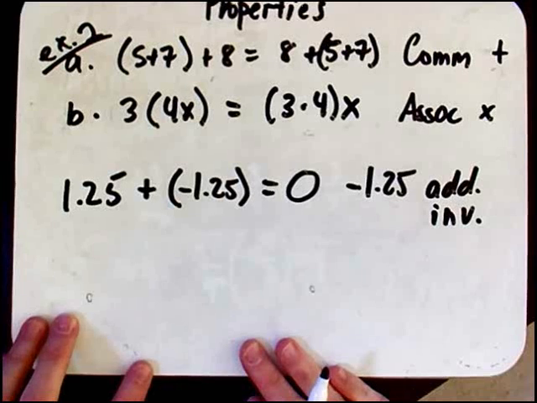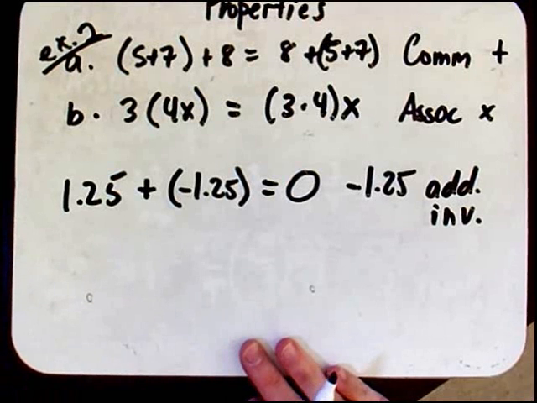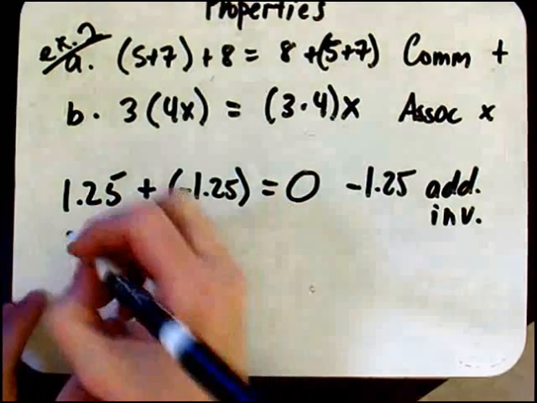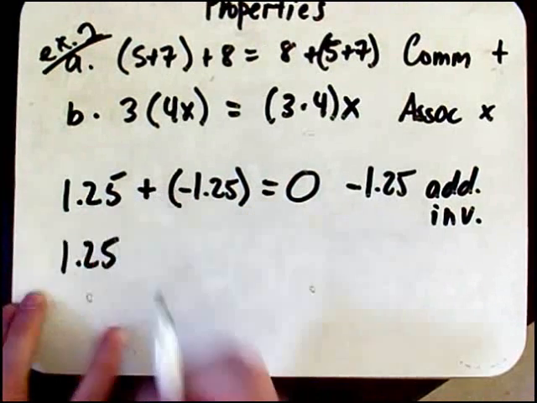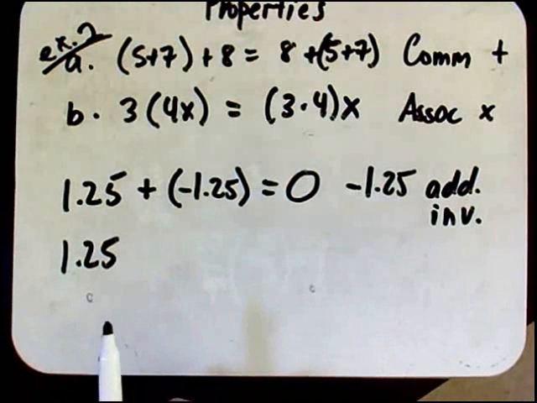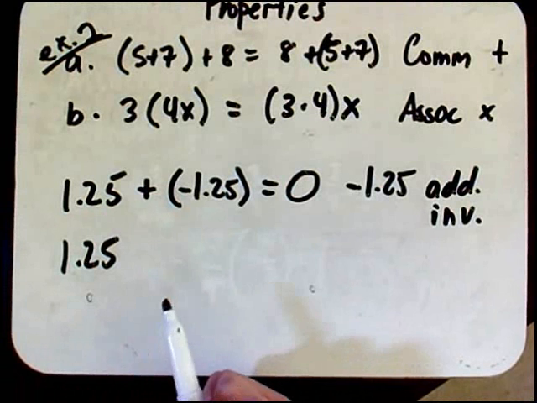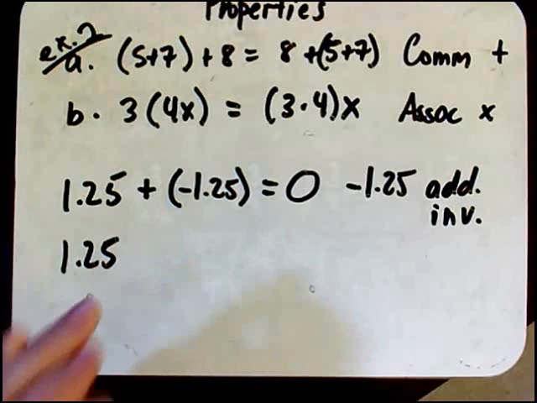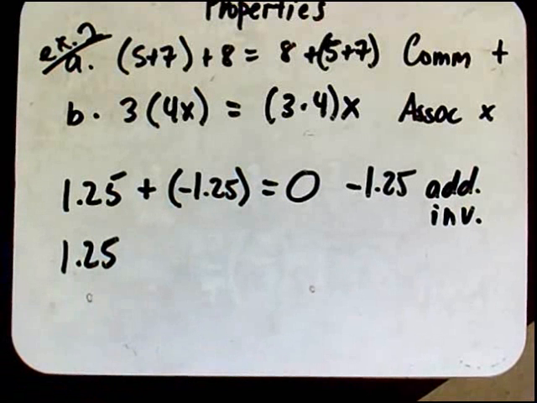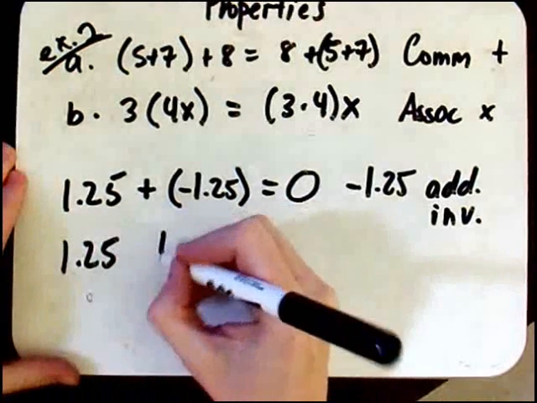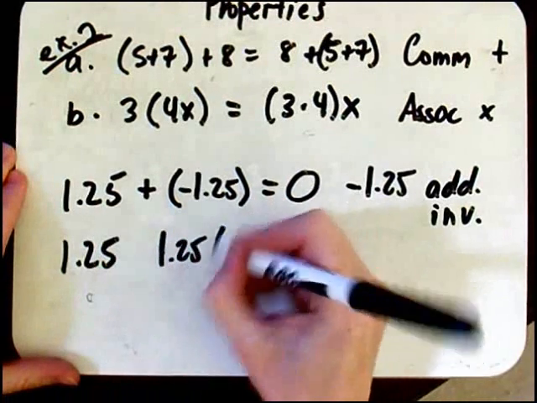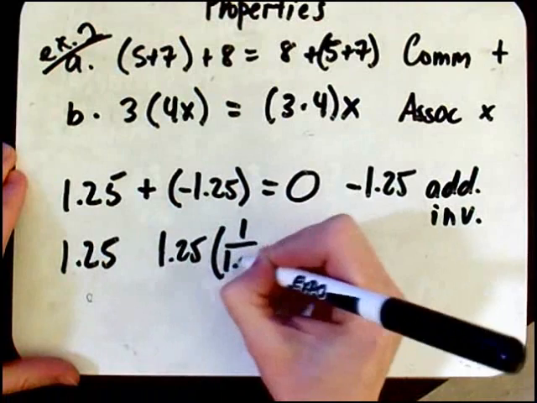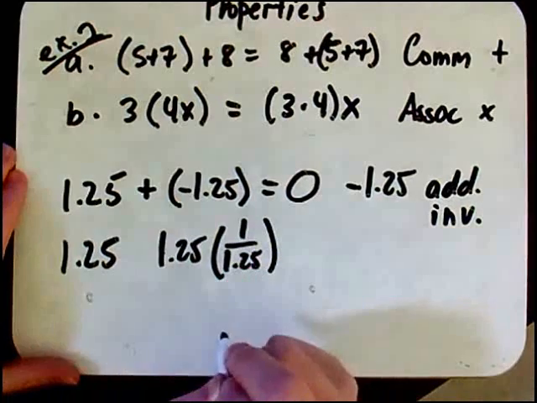Okay, now we need the multiplicative. And we're doing this still in fraction form, even though we have a decimal. What do we need to multiply 1.25 by to bring it to 1? So remember, we flip it over, make our denominator our numerator, multiply it together, and that'll give us our multiplicative inverse. So we have 1.25. We multiply that by 1 over 1.25. It's okay that there's a decimal in a fraction.